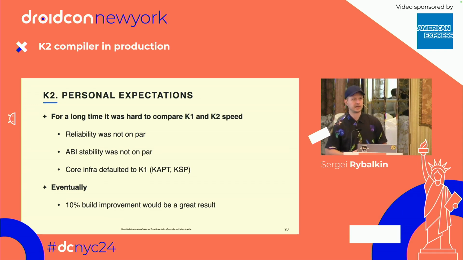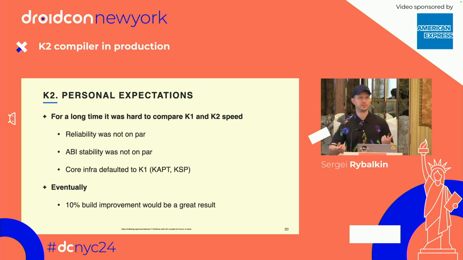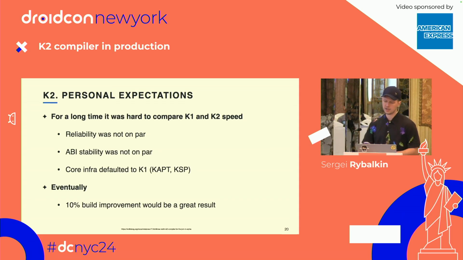ABI stability was not there, meaning between various nightly builds, even the ABI could change, so your caches would be totally invalidated. And then core infra, KAPT and KSP, for quite a long time, were only K1 based.